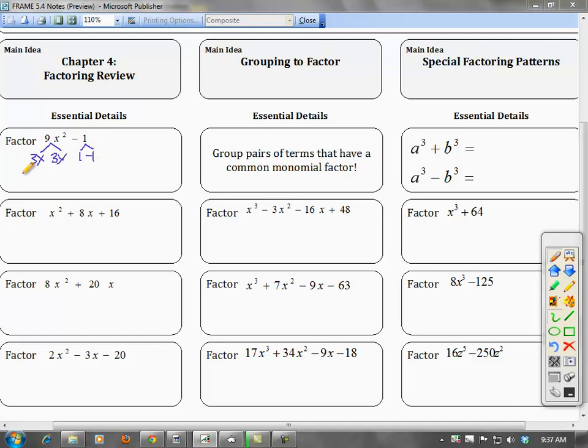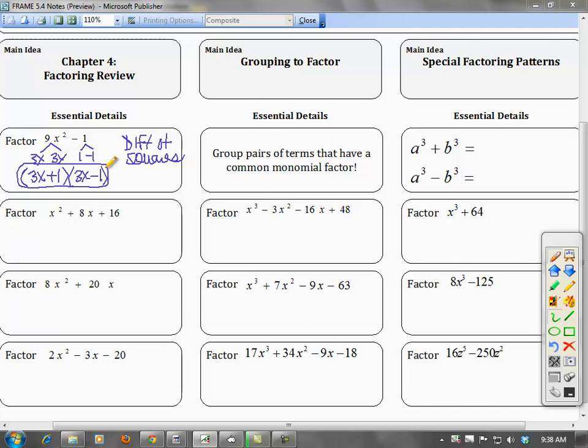So my 2 factors would be 3x plus 1 and 3x minus 1. This we called a difference of squares, where we looked at the 2 numbers and said we're subtracting 2 perfect squares. So this was the first type.